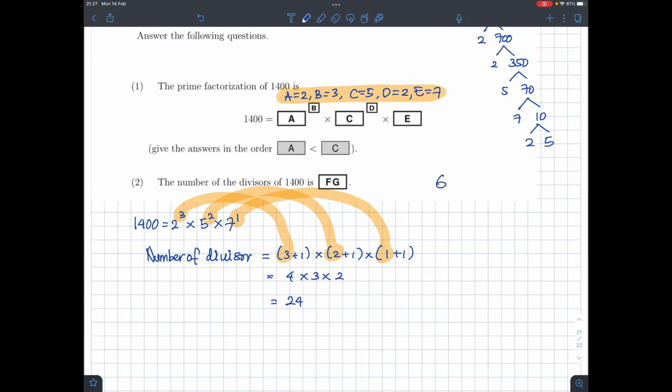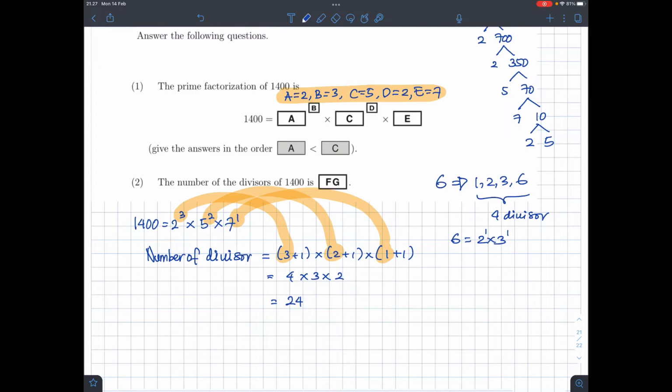Let's say the number 6 has divisors 1, 2, 3 and 6. These are the positive divisors, so it has 4 divisors. You can find the prime factorization of 6: 6 equals 2 times 3, which is 2 to the power of 1 times 3 to the power of 1.